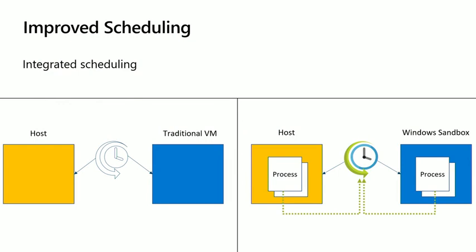In the case of Sandbox, though, what we really want is, if there's a process running inside the container, and he's a high-priority process, and the only thing that would be running on the host is maybe something low priority or the zero-page thread or something like that, well, we want to let the Sandbox have all of the cores, right? And the inverse is also true. If the important things are happening on the host and something less important is happening in the container, then we want the host to have more time, right?